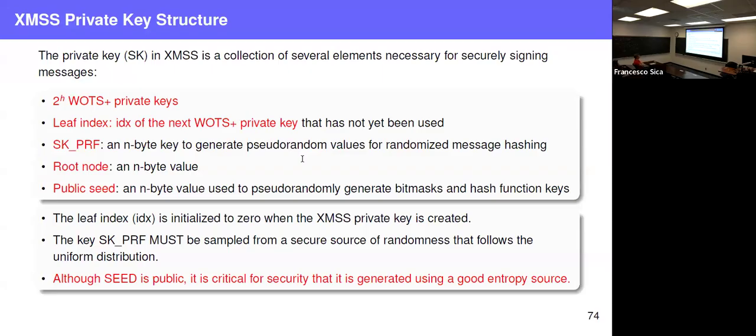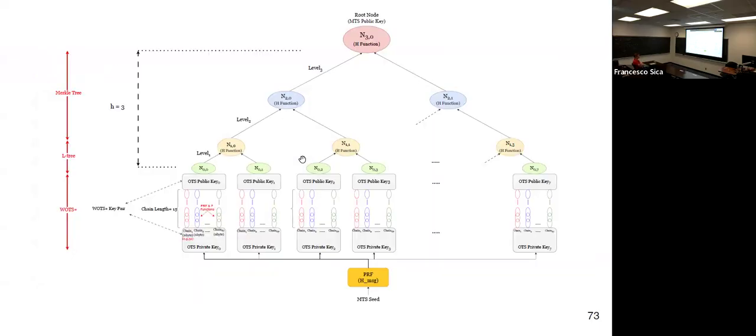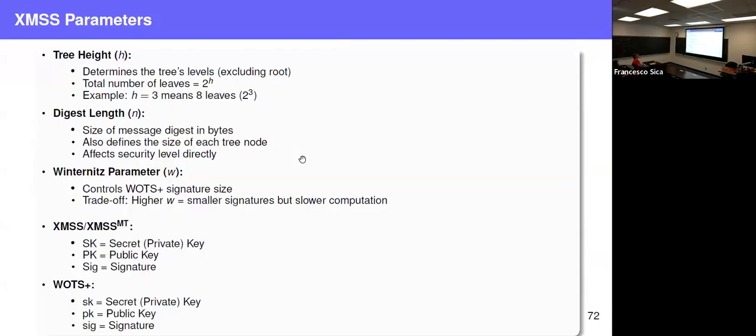And let's start XMSS key generation. In key generation, as I mentioned before, we will have an XMSS public key and an XMSS private key. In the XMSS public key, we have some identifier, the root of the tree, and the seed. In the XMSS private key, we will have all of these values concatenated with the index, the WOTS private key, and the pseudorandom function key, the unique key.